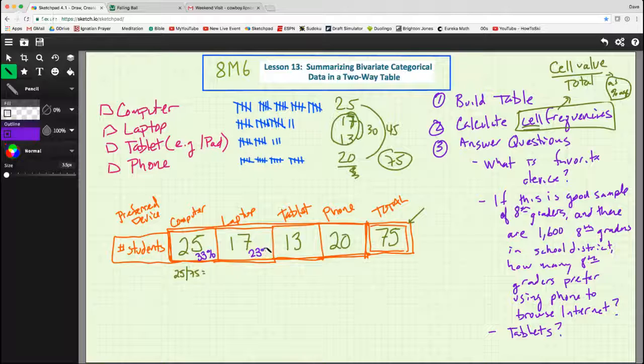I'm going to write it as clear as I can, 23%. 13 divided by 75 is 17%. And 20 divided by 75 is 27% rounded.